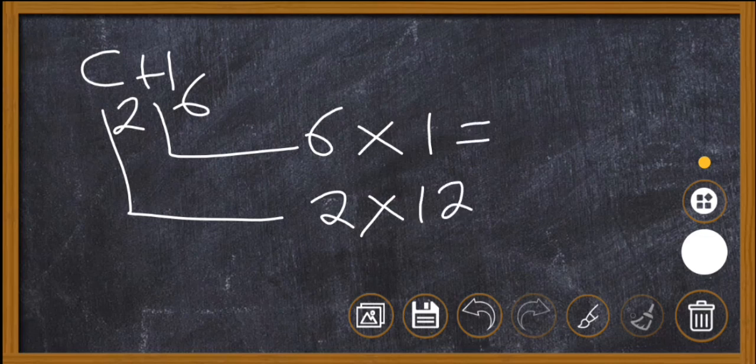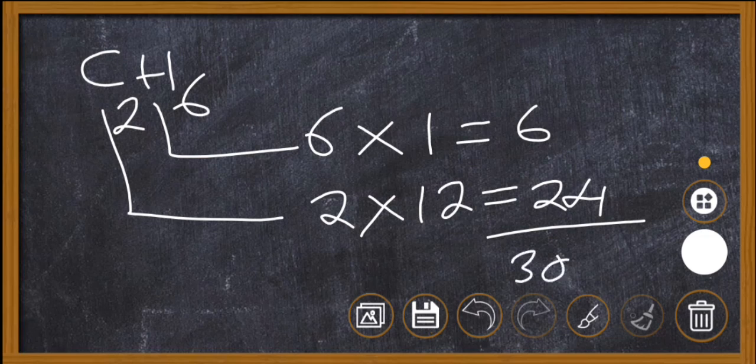So 6 multiplied by 1, it's simply 6, and then 2 multiplied by 12, it's simply 24. So when we add the two values, we are going to have 30. If you want, we can put also 30.0. So this is the relative molecular mass number.